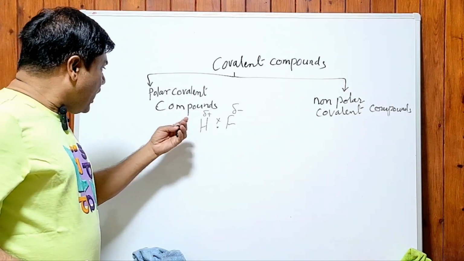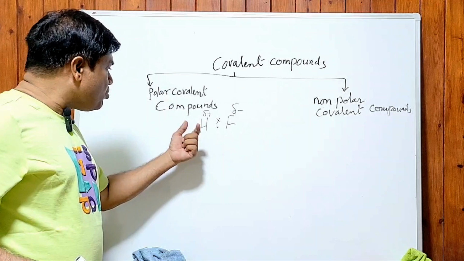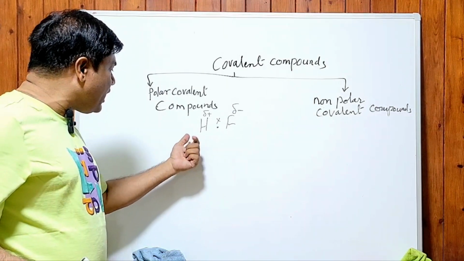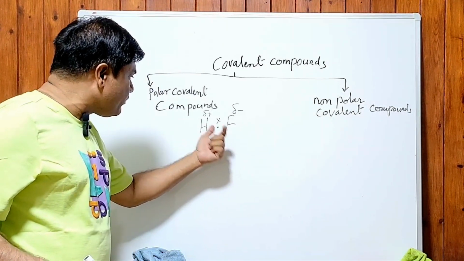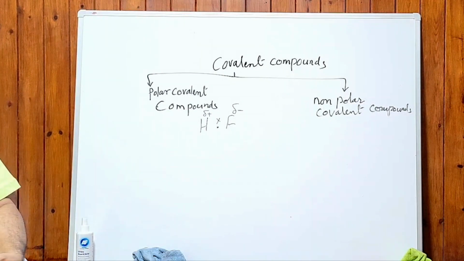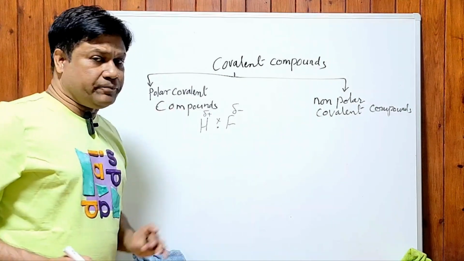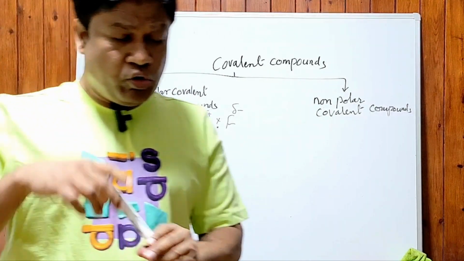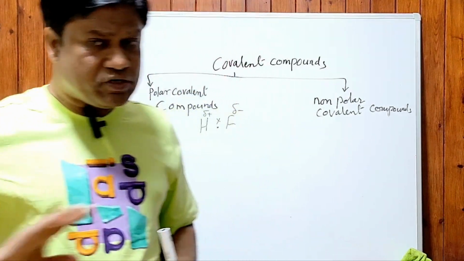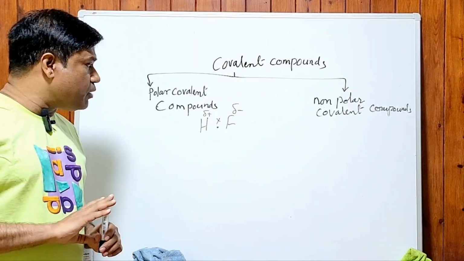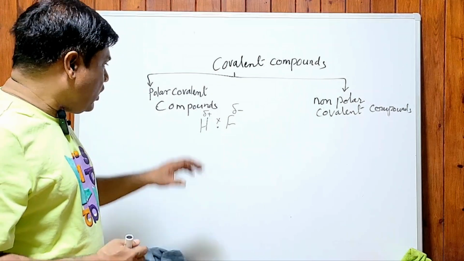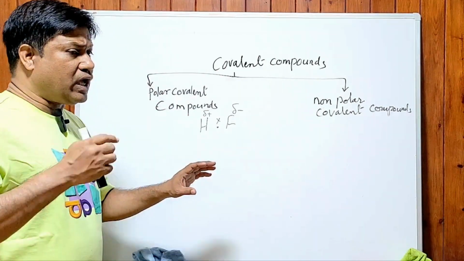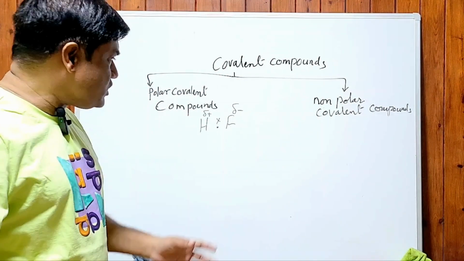The bigger the difference between the electronegativity values of hydrogen and fluorine, the more the molecule becomes slightly ionic. I told you that no covalent compound is 100% covalent and no ionic compound is 100% ionic. Ionic compounds have a certain percentage of covalent character.